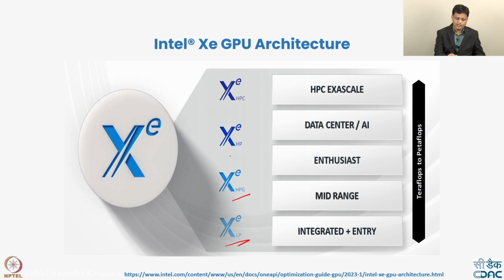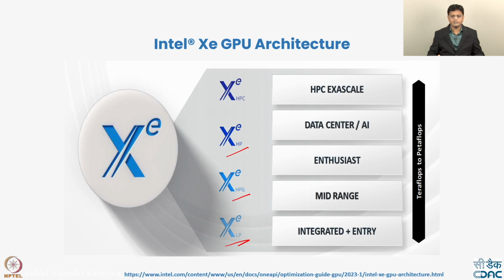Next category falls under Xe-HPC, or in short we can say HP, high performance. This category of GPU computers are designed to process large volumes of data, and it is well suited for data center and AI workload.